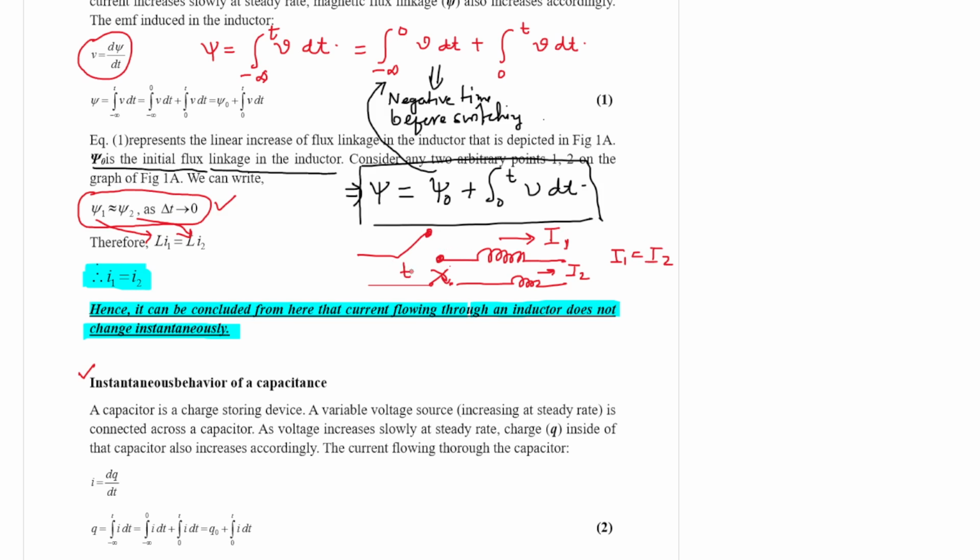Switching has been done at t is equal to 0. So this term is very important: instantaneously. It is momentary, it is true for instantaneous events.